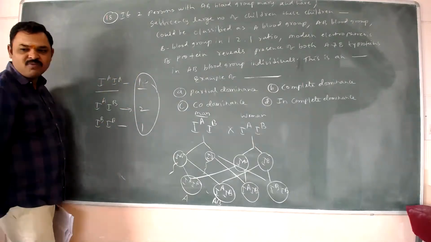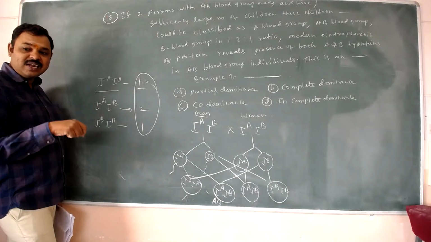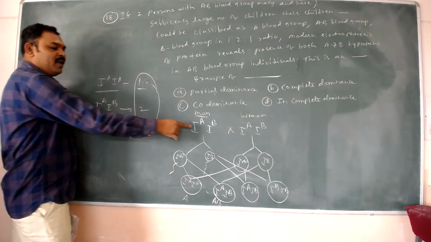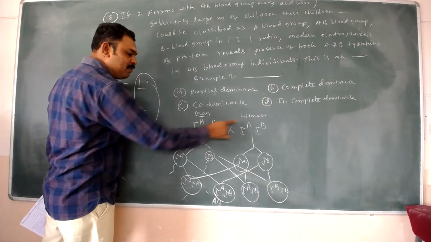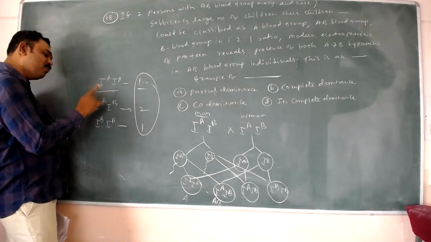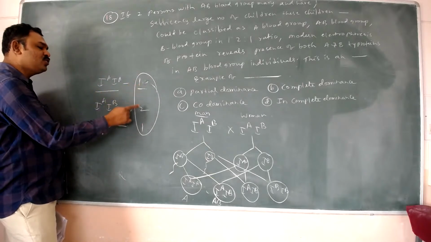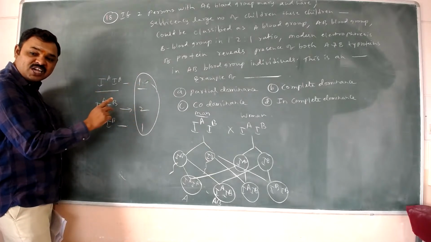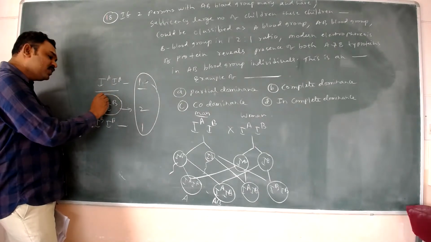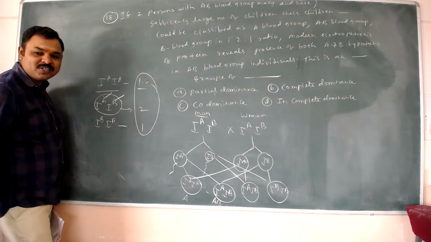This is the question given. If a marriage is held between AB and AB, the resultant children have A group, AB group, B group in 1:2:1. By electrophoresis of the protein of AB group, both are equally expressing.